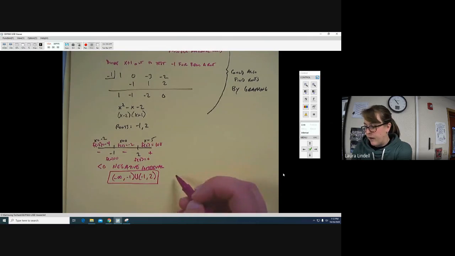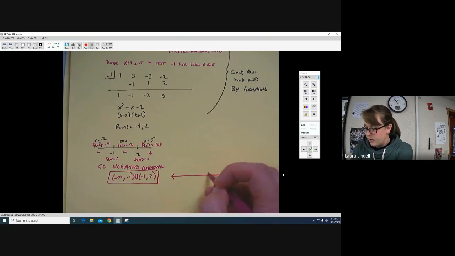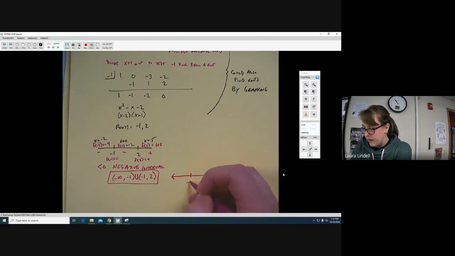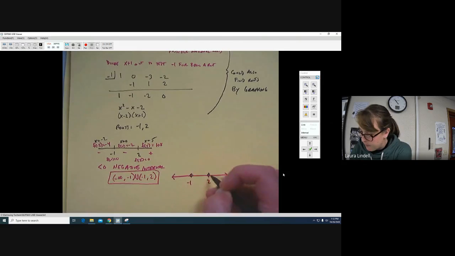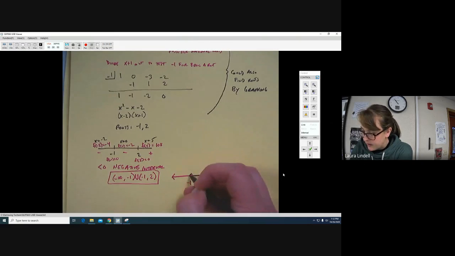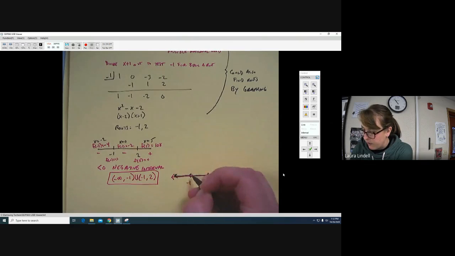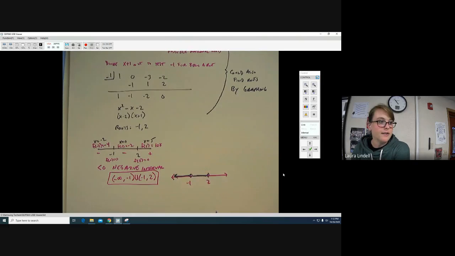And then we would also have on our graph 2 and -1. We'd have open dot, open dot. These would be connected, and then it would continue on forever in the negative direction.